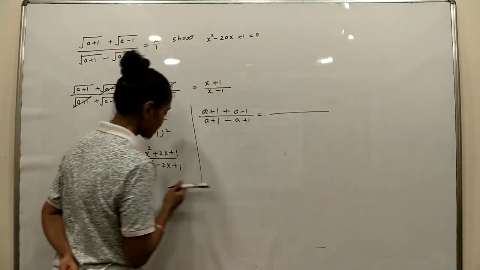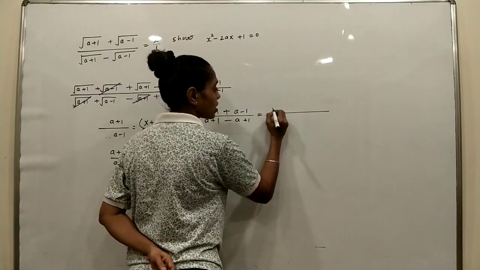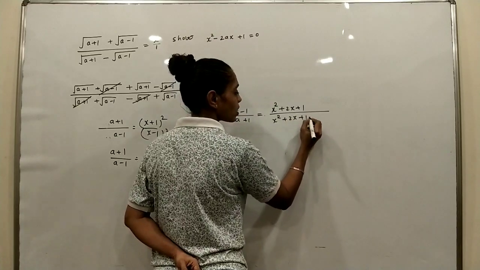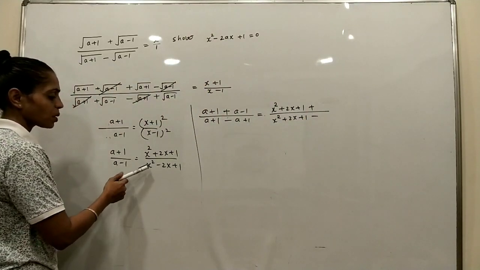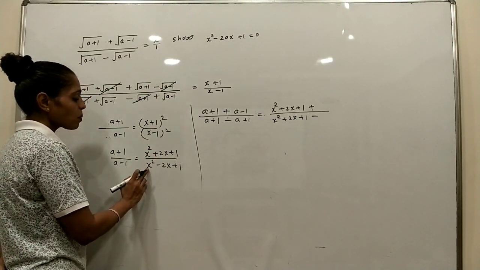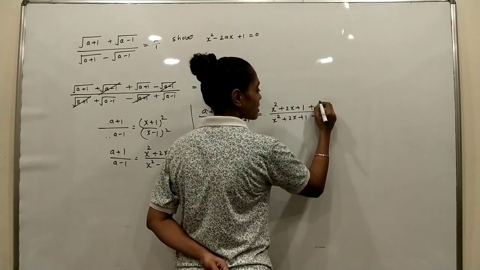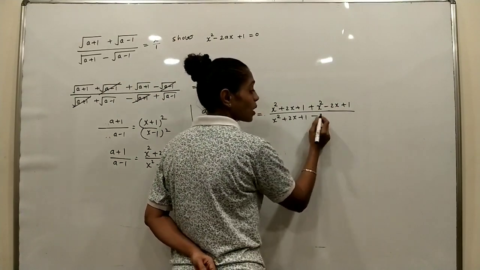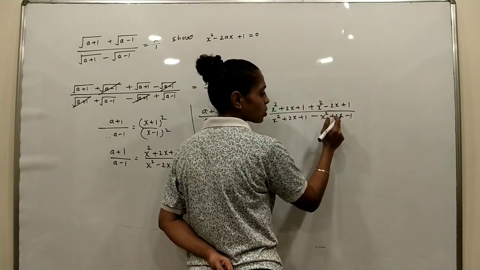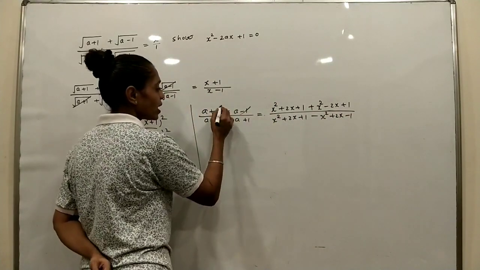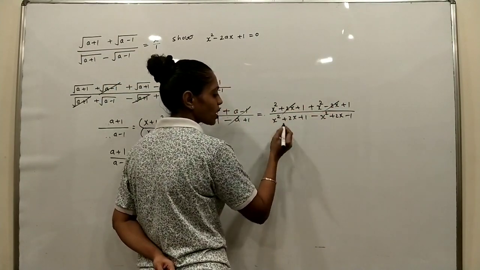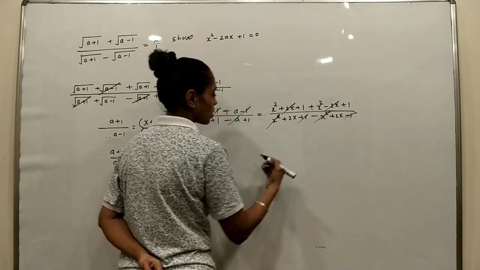The numerator is x^2 + 2x + 1 plus denominator, x^2 - 2x + 1, and minus denominator. Now change sign: minus x^2 plus 2x minus 1. Now a and a cancel, 1 and 1 cancel, 2x and 2x cancel, x^2 and x^2 cancel.